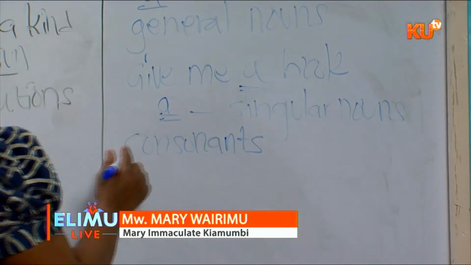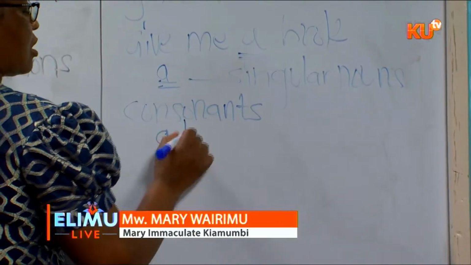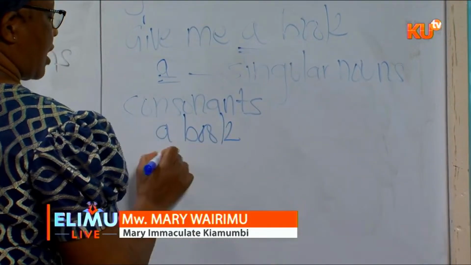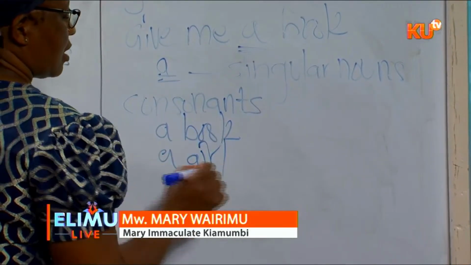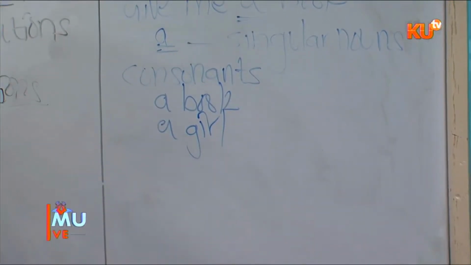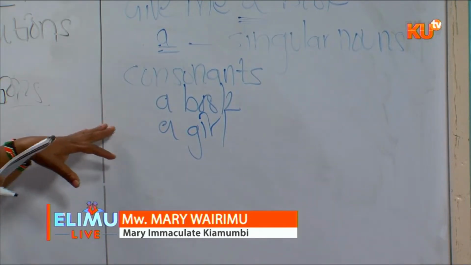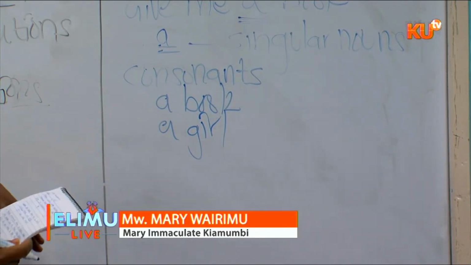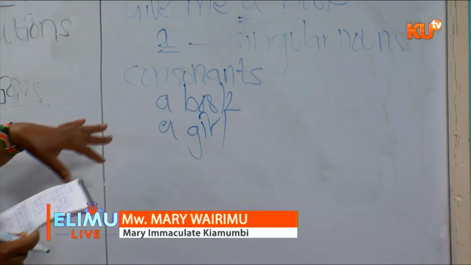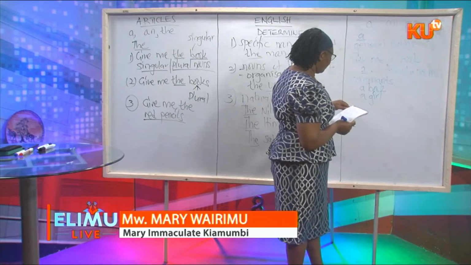So we can have a book, a girl, or even a boy. These are words that are learned right from class 3. Even class 1, they learn this use of a.